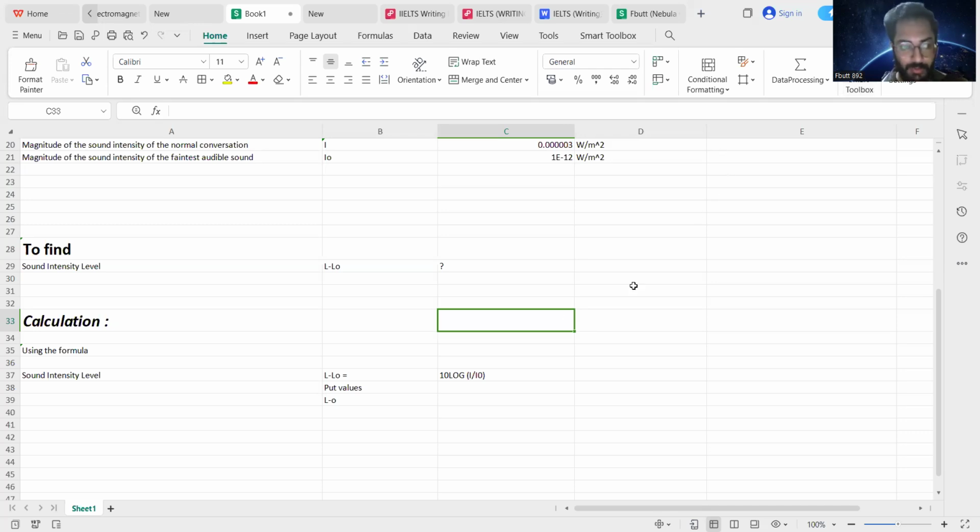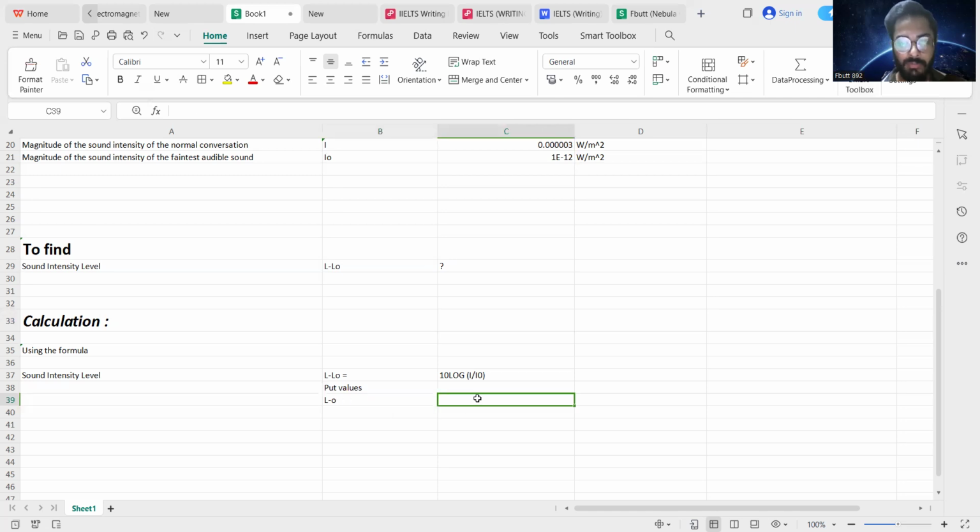Using the formula of Weber-Fechner's law, the sound intensity level L minus L naught is equivalent to 10 times the logarithm of the ratio of the sound intensity of the unknown sound to the sound intensity of the faintest audible sound. Put values. You know that the loudness of the faintest audible sound is considered as 0 decibel, so I put the value of L naught as 0.